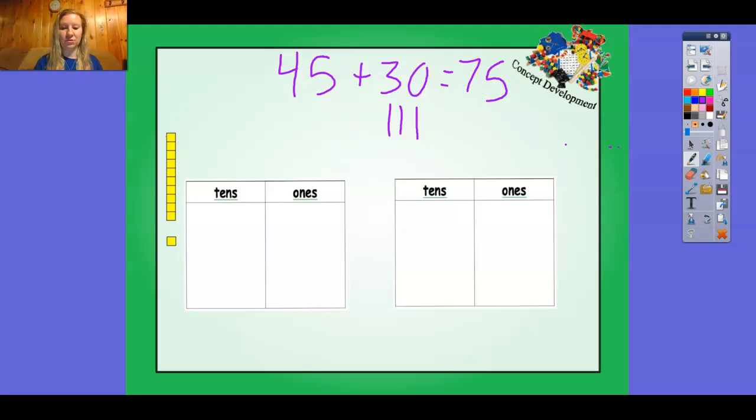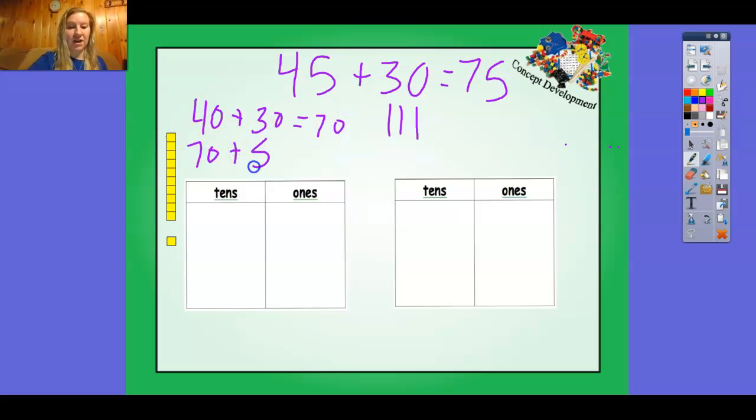We can also say 40 plus 30 equals 70, and then our 70 plus 5 equals 75. So we can break this up as well.